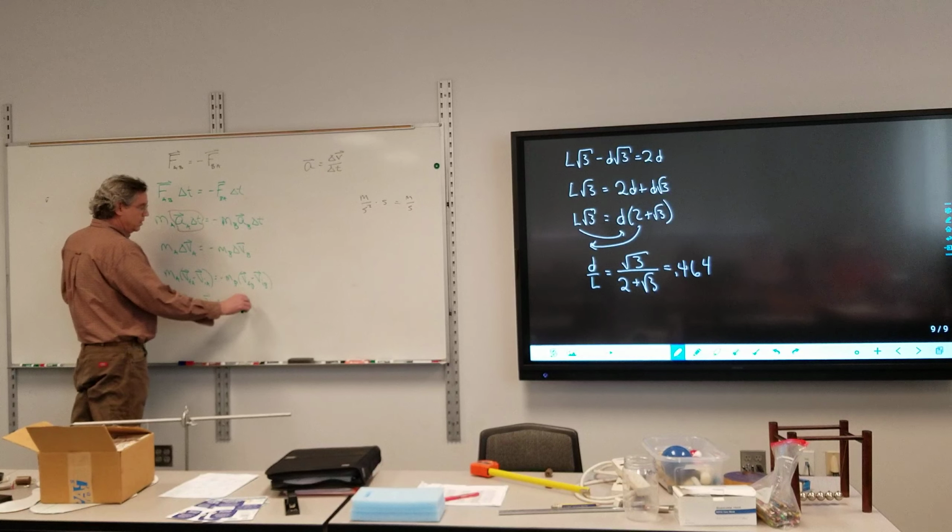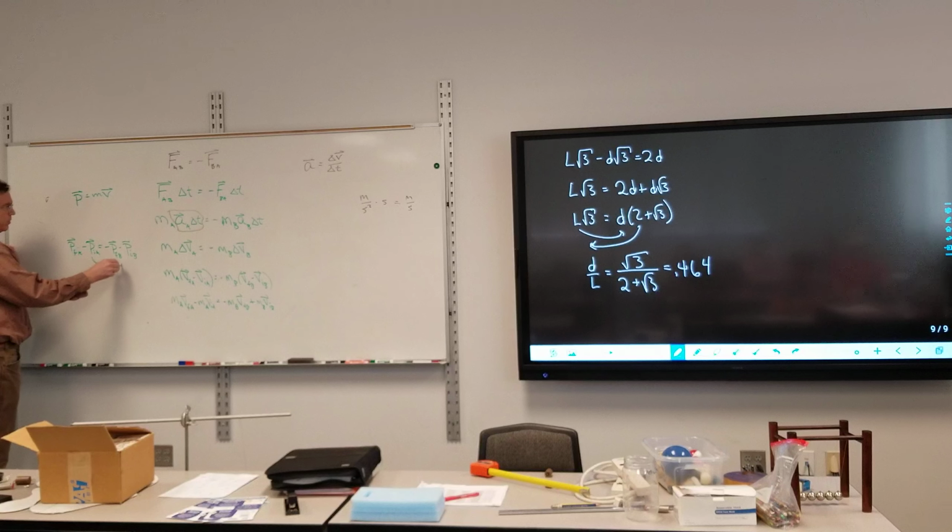Similar to using S for sine, C for cosine. I'm now going to get all my initial terms on one side and the final terms on the other, so I'm going to add this to both sides, and I'm going to add that to both sides.